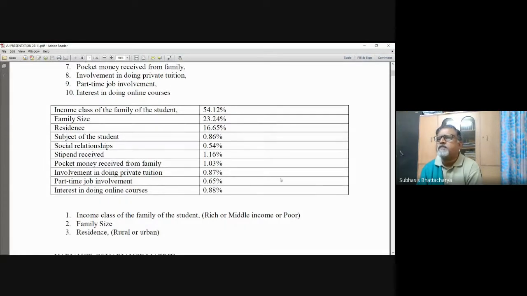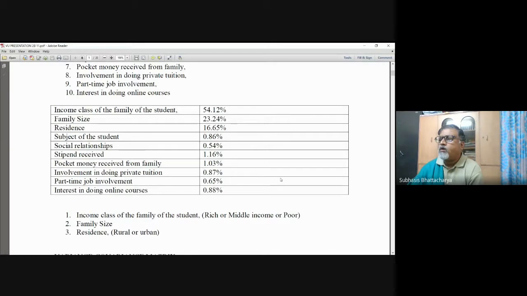So these 3 are the major variables which explain the mobile data recharge behavior of college or university students. In sum, they explain 94.01% of the total behavior. And the remaining 7 variables explain only 5.99% of the sampled mobile data recharge behavior.